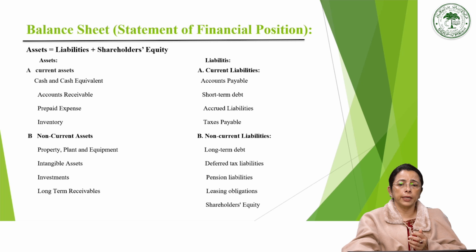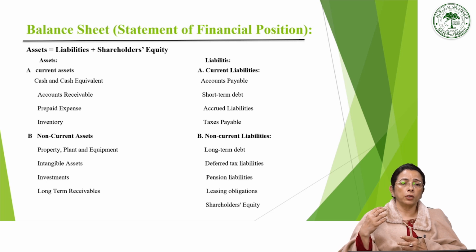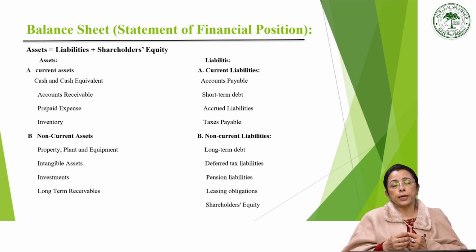Then we have non-current assets, or the fixed assets. Anything that is fixed or utilized by the business for a longer duration of time is called a non-current asset. For example, property, plant, equipment, that is plant machinery, they will be there till the business is going on.